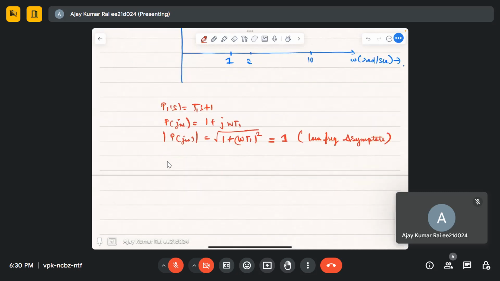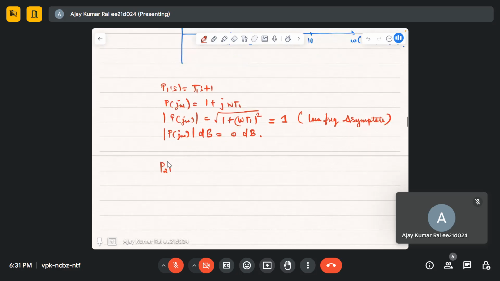The magnitude is equal to 1, and in dB it is 20 log of 1, which is equal to 0 dB, right? So below the corner frequency, it contributes 0 dB in the magnitude plot. Similarly, for the function 1 by (T2 s plus 1), the magnitude is 1 over the square root of 1 plus (omega T2) squared.